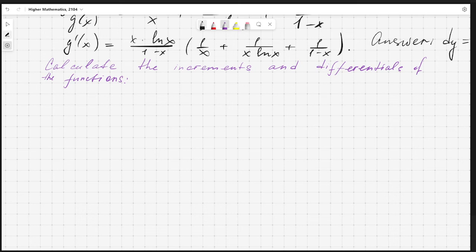And first, problem 167. Given y is x cubed plus 2x.